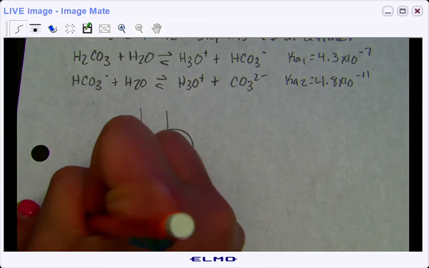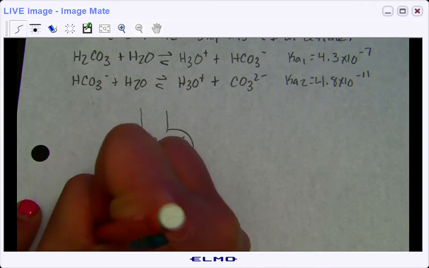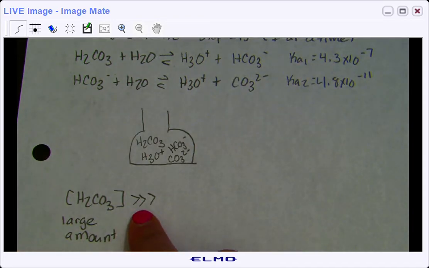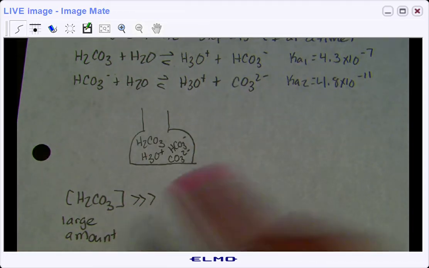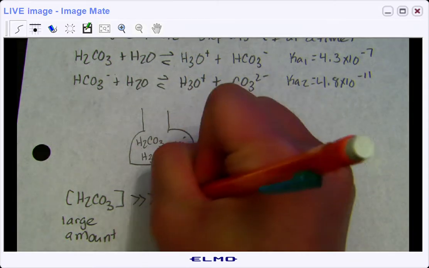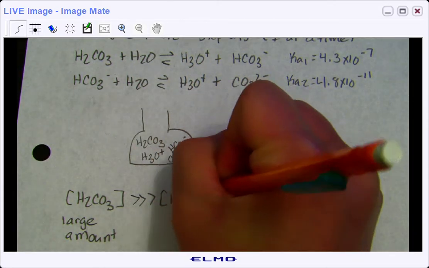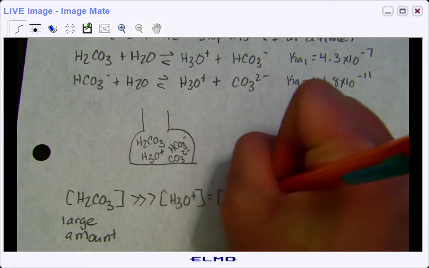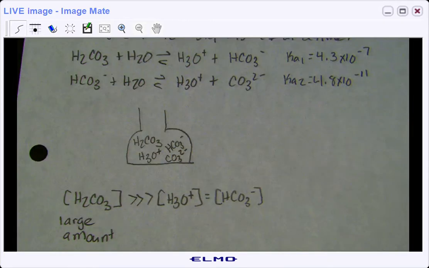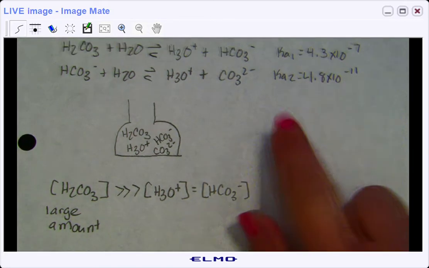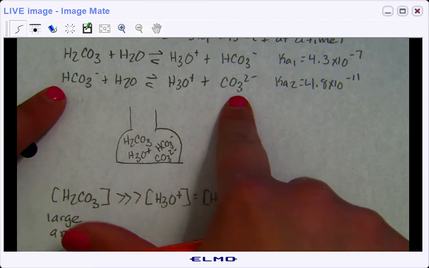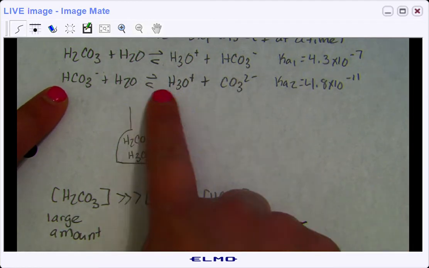So since we have a large amount of carbonic acid, we show that with multiple greater than signs. The hydronium ion is going to equal our HCO3 minus. The second Ka is also a weak acid in equilibrium.